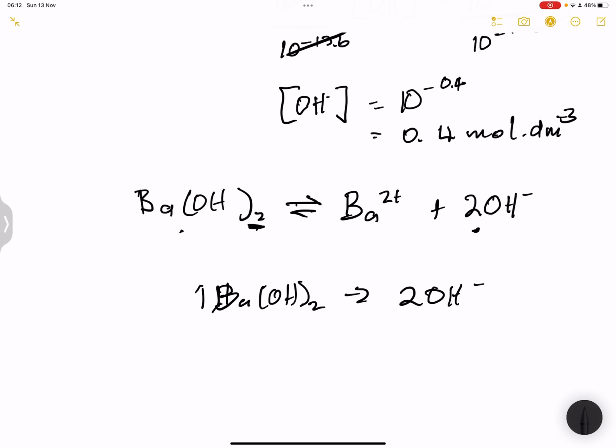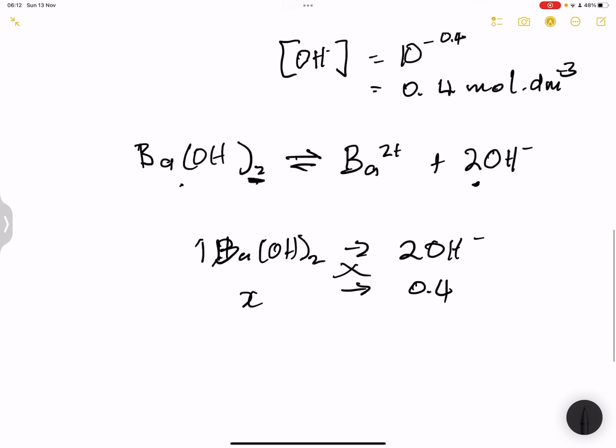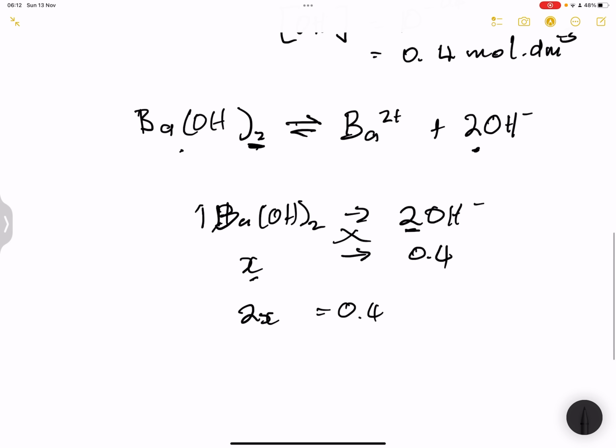So the question is, for how much barium hydroxide will I have 0.4? I'm sure you can already see it. So I'll say 2 times x, that will be 2x, and 1 times 0.4, that's 0.4. So it means that x will be 0.2, if you divide both sides by 2.